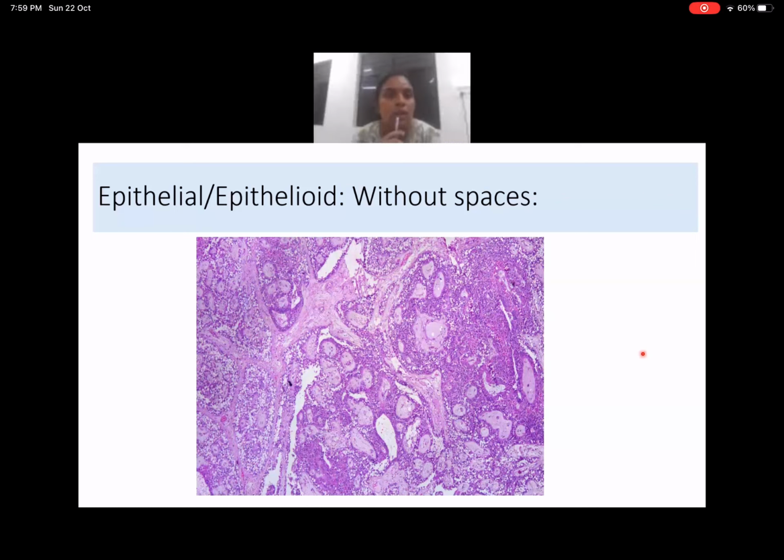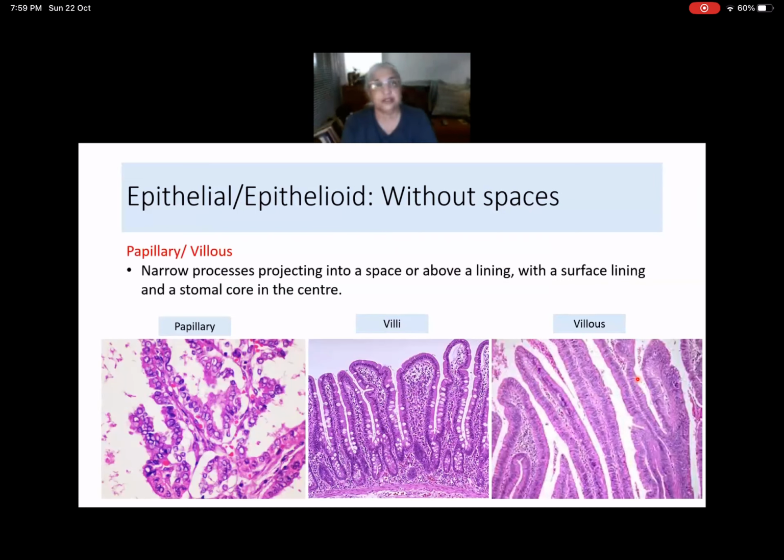Huh, Shubhra? Yes, ma'am, you think it's papillary. Very good. What about Anjana? Ma'am, the fibrovascular core is there. Yeah, it looks like a fibrovascular core. So papillary, I think, ma'am. Okay, so I've got 2 against 2 over here.